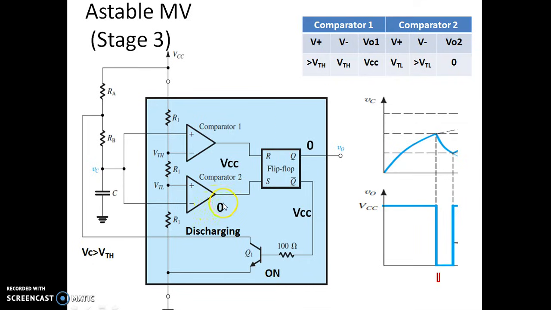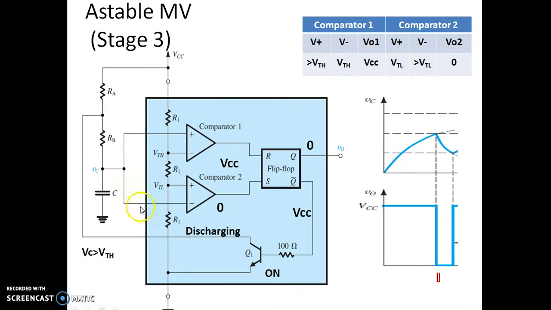In such case, the second comparator output becomes 0. Now we have a condition, reset is high, set is 0. So we are forced to reset the output. Now the output is becoming 0. As soon as the output becomes 0, this Q bar becomes VCC, which will be a base drive for this transistor, which will turn on the transistor and make the capacitor discharge through RB to ground.